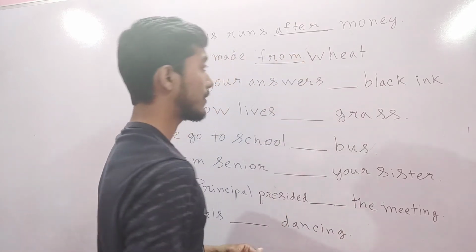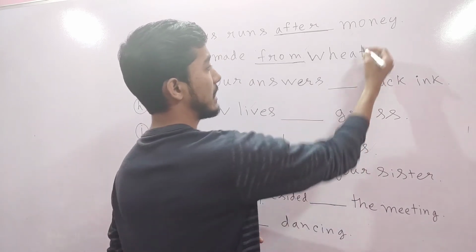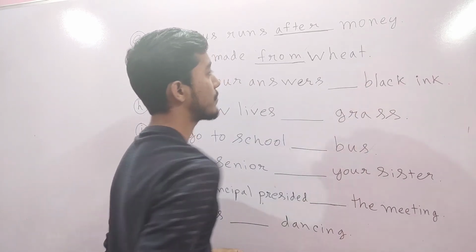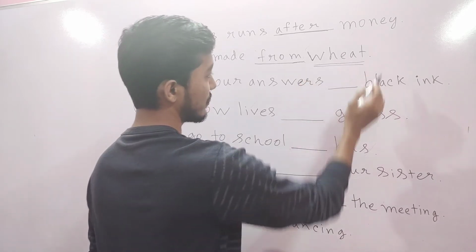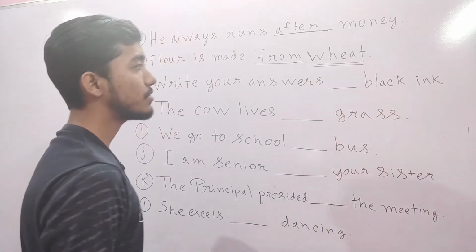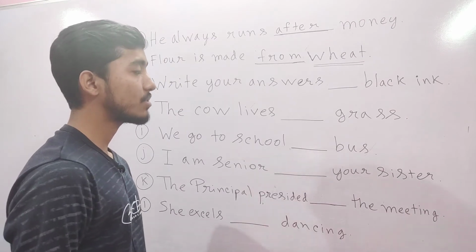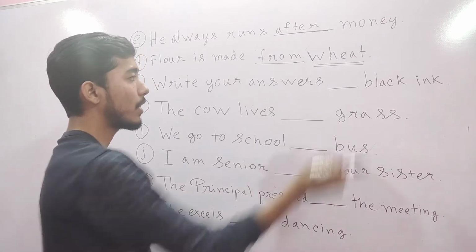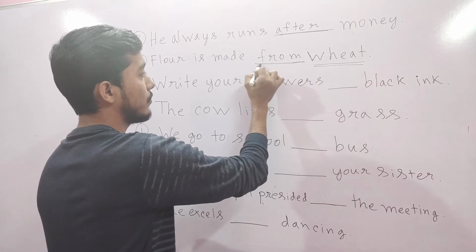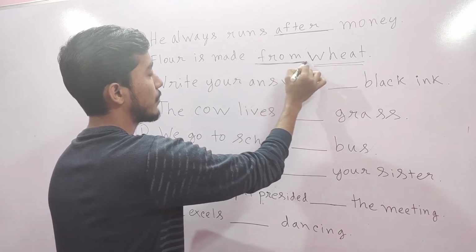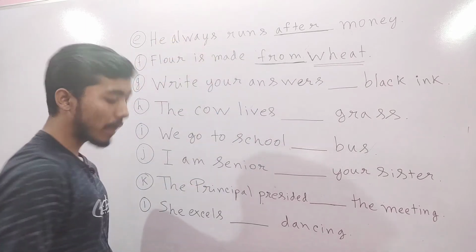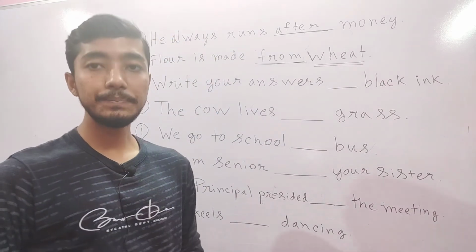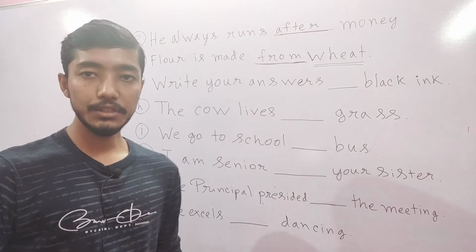Now in these types of questions, always remember, if the substance which is written here undergoes a change in its physical form, then we have to use from. F-R-O-M. From. Here wheat was changed to flour. It underwent a physical change.